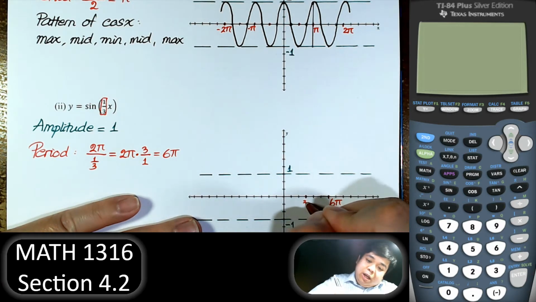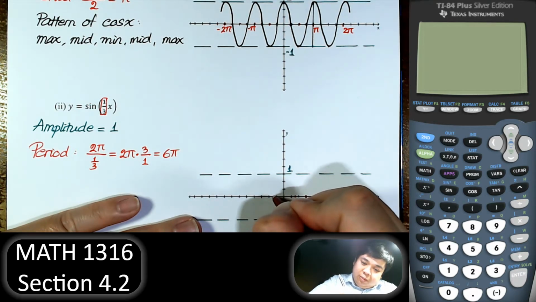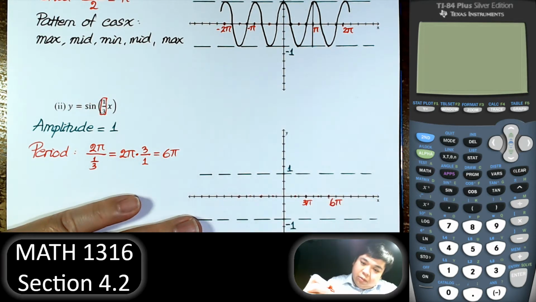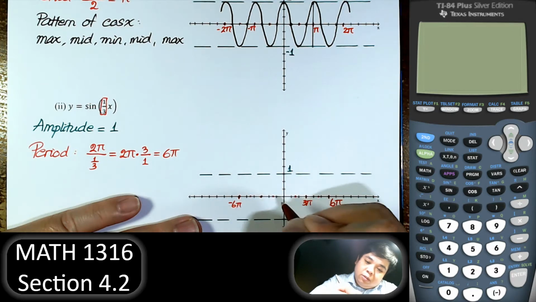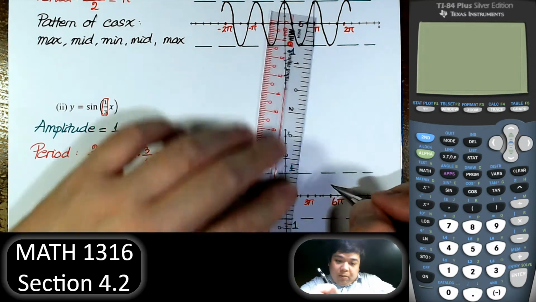So the halfway point will be 3 pi. And once again, divide into 4 equal segments. That gives us 1 period.